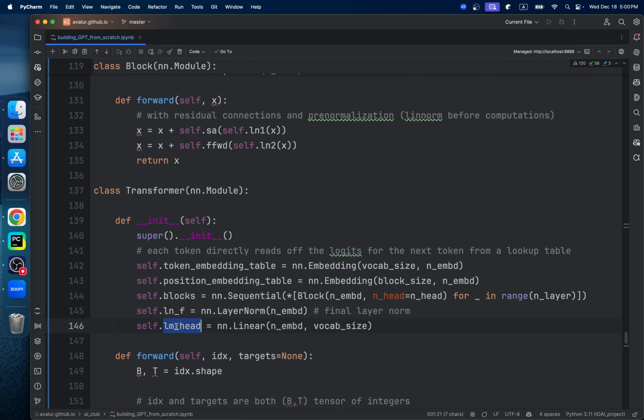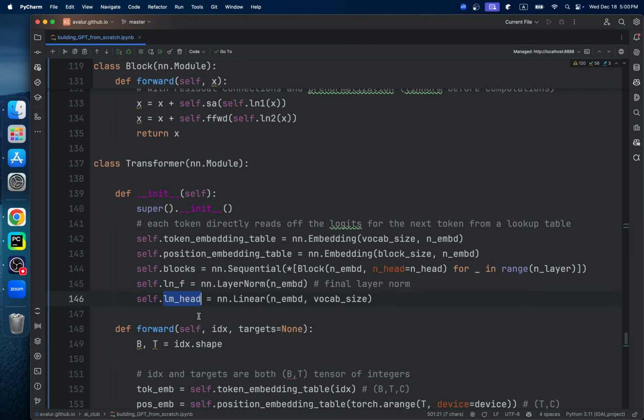So the result of this last linear layer, the linear model head, is the logits, the raw scores which we use in softmax for calculating probabilities, and probabilities are the answers of the model.